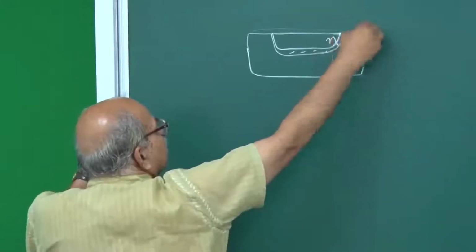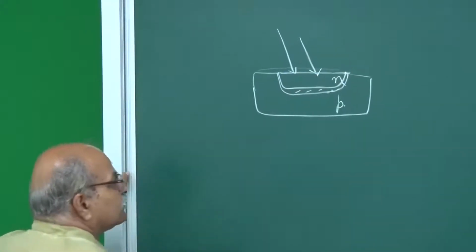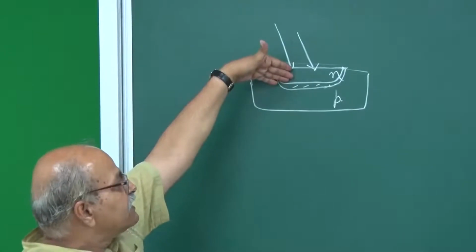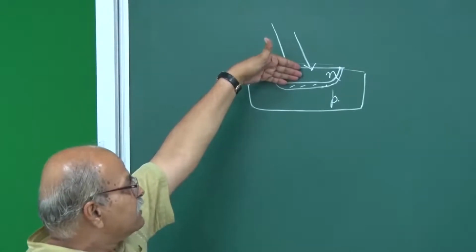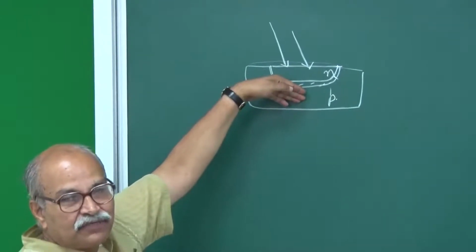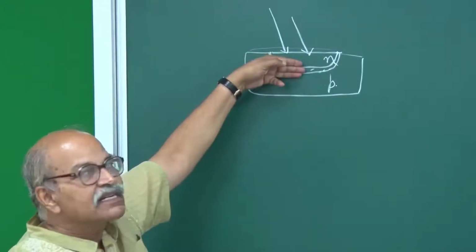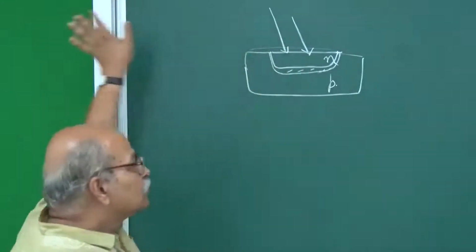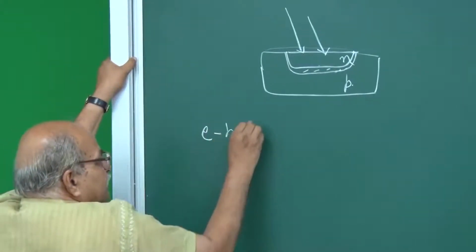So, light falls on this, and depending on the wavelength and the absorption properties, these photons may get absorbed here, may come to the depletion layer, or may come here. What we are interested in is that photons should get absorbed in the depletion layer, or within one diffusion length on either side. So, the photons are falling here, and they are creating new electron hole pairs.